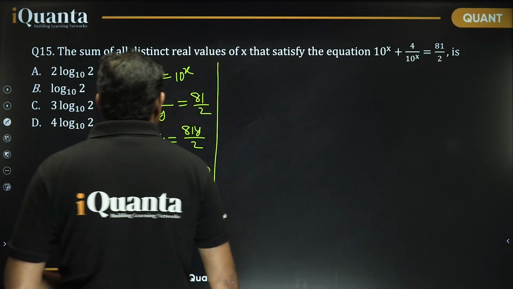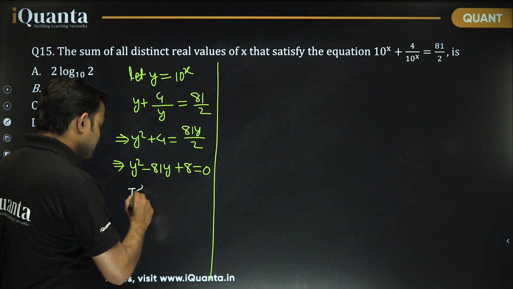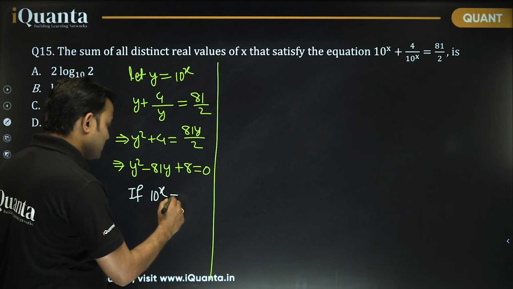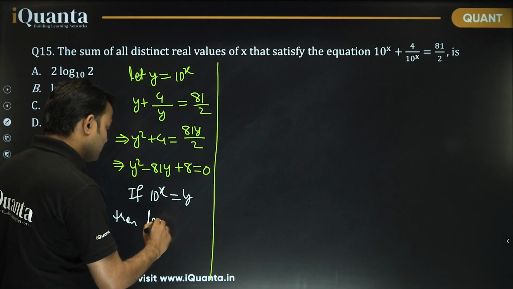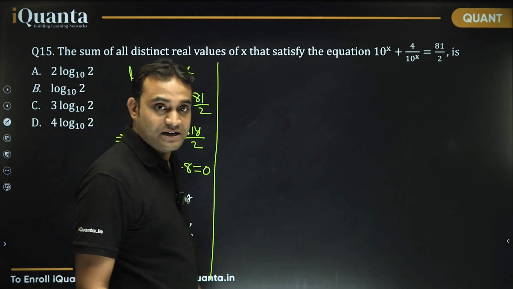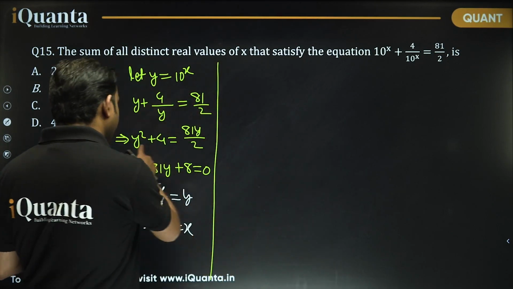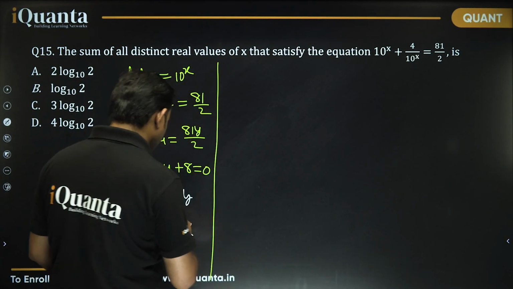So what we can say, if 10 to the power x is equal to y, can I say that log y to the base 10 will be equal to x, right? Now let's say we got two different values of y from here, y1 and y2, right?